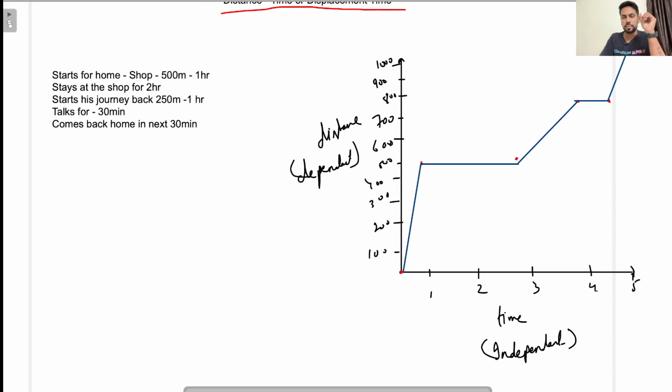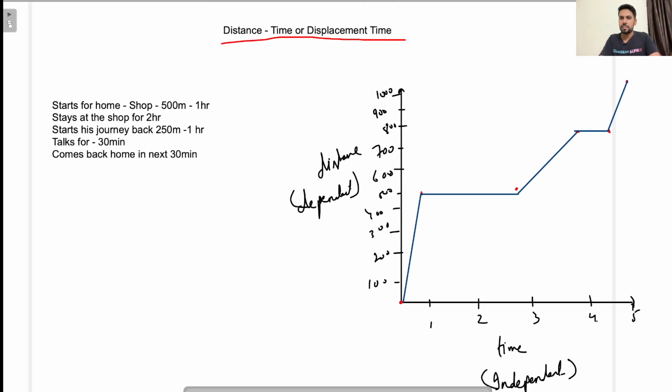Look here, he has traveled 500 meter in 1 hour, but here he has traveled 250 meter in 1 hour. So it is very evident that he has been slower here. That is why the slope of that line is not so steep. The slope of that line is lesser.